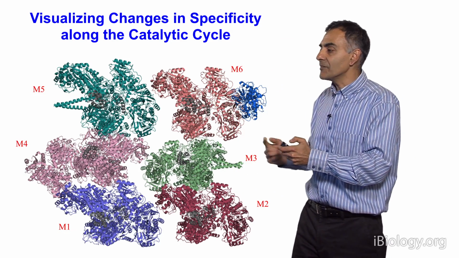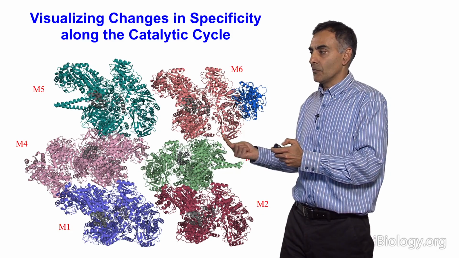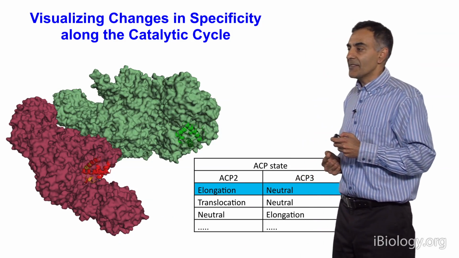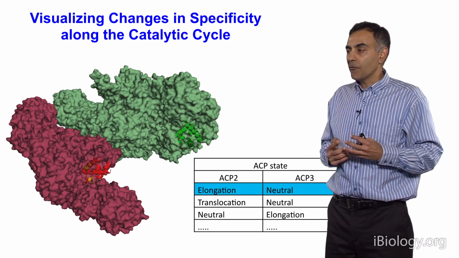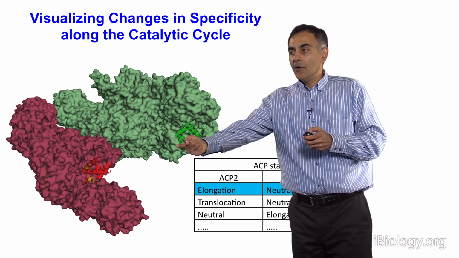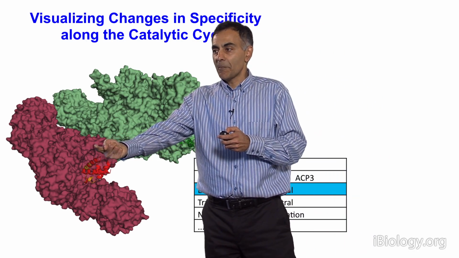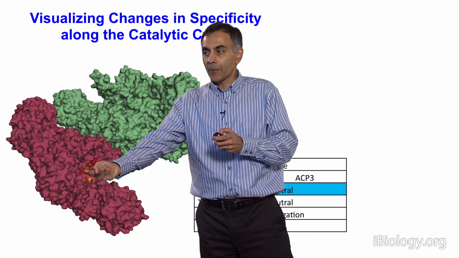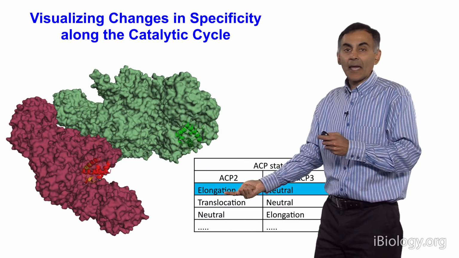And so if we isolate just these 2 modules, modules 2 and 3, I can show you what I think might be a model for how this works. So we start off with the upstream module, this pink module, bound to its carrier protein in the elongation state.